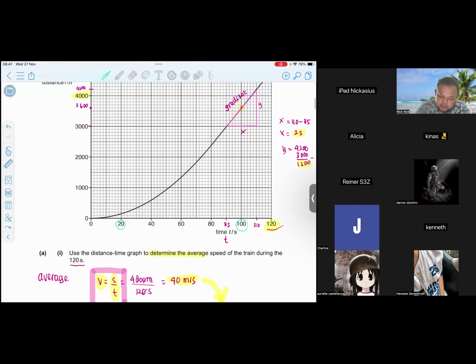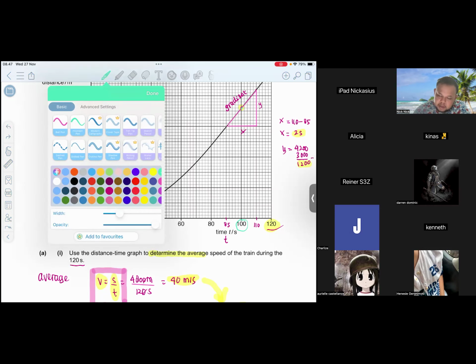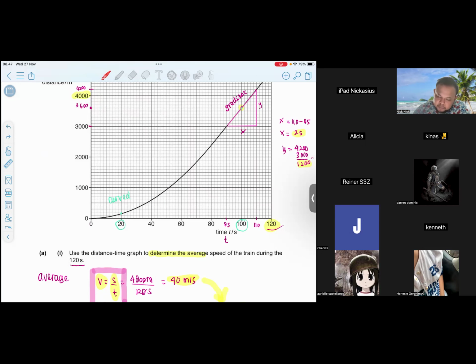Okay, the acceleration, this is the curve, and then in here straight. Okay, let's see what is the meaning of that.